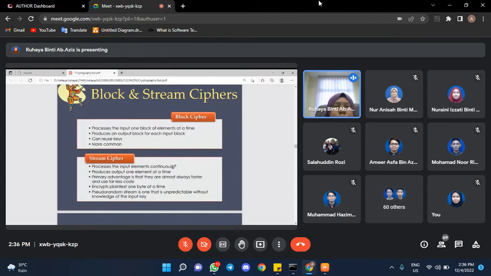If we use a block cipher, it processes the input one block of elements at a time, one block by one block, producing an output block for each input block. It can reuse keys and is more common. Then for symmetric algorithms, we can also use a stream cipher. A stream cipher processes the input elements continuously, producing output one element at a time.